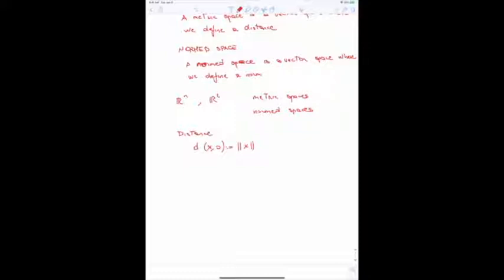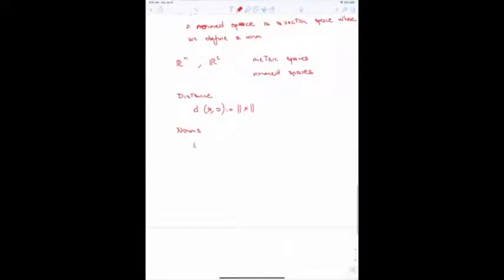So examples of norms: we have the L1 norm, which is the sum for i that goes from 1 to n of the absolute value of xi. We have the L2 norm, which is the usual Euclidean distance, the square root of the sum for i that goes from 1 to n of the square of xi.